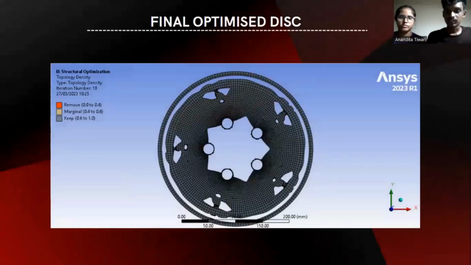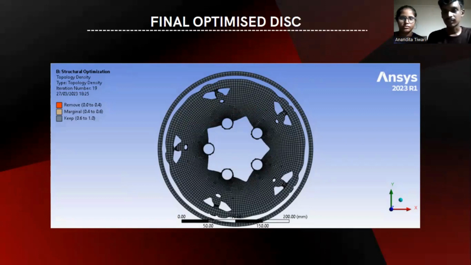Those designs were not satisfactory in terms of FOS, thermal analysis, and manufacturing. Again we came back to the optimization part, did our optimization again, and came up with this design.